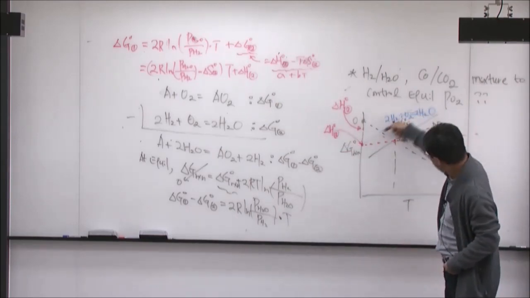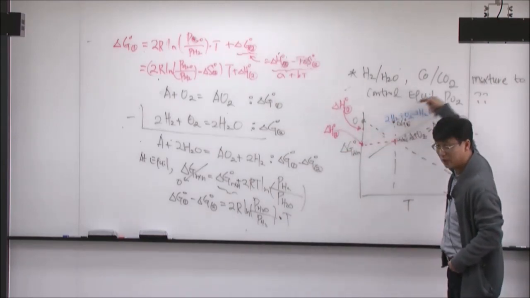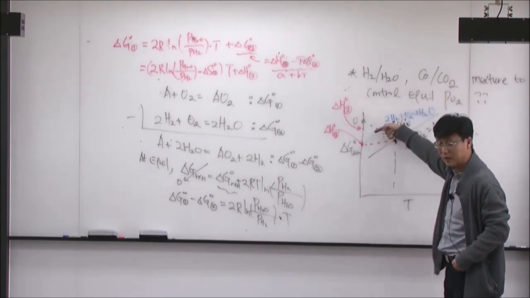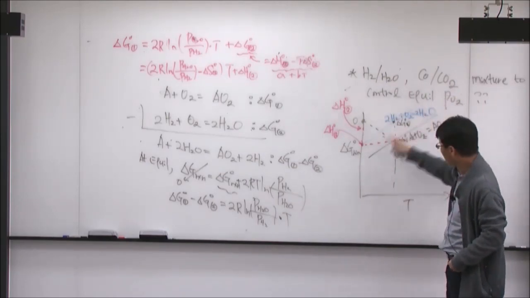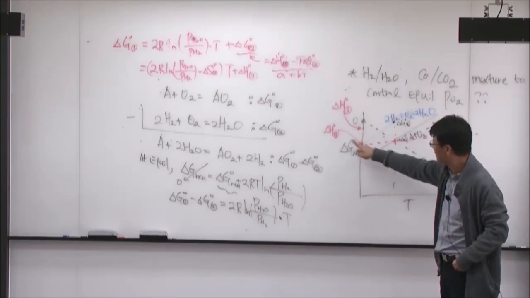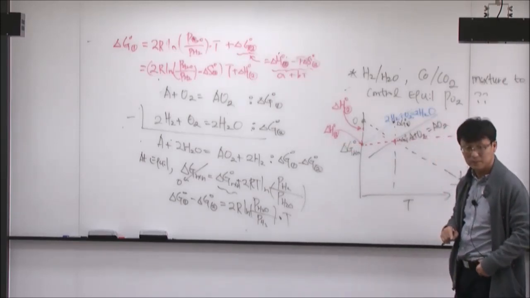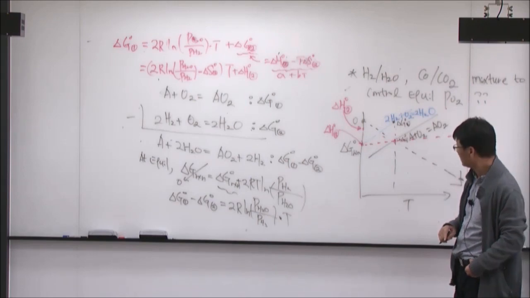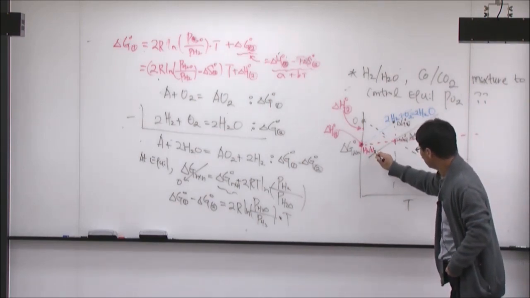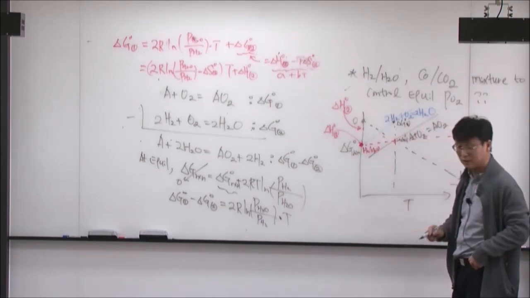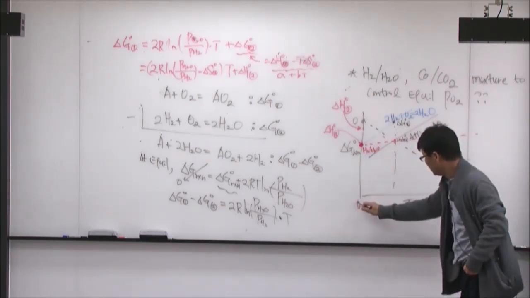Because this diagram, delta G naught 2, is delta H naught 2 minus T delta S naught 2 at 0 Kelvin, this is the same as delta H naught 2. So this is the H2/H2O reaction starting point at 0 Kelvin.